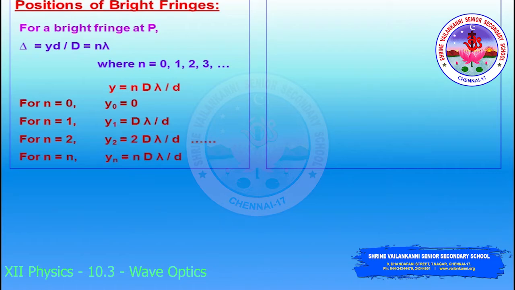For n equal to 0, X0 is equal to 0. Then for 1, 2 till n, Xn is equal to nD lambda by small d. So this is for the bright fringes, which is nothing but constructive interference.